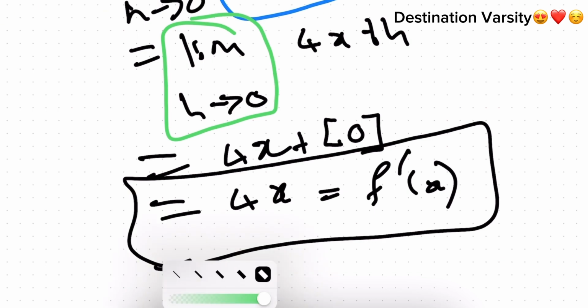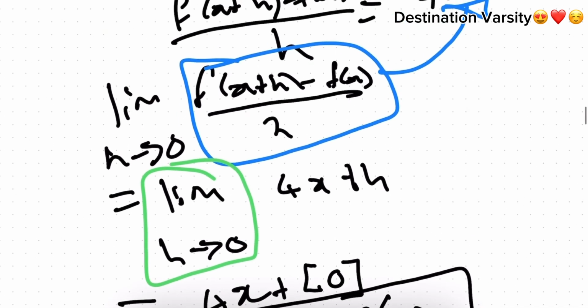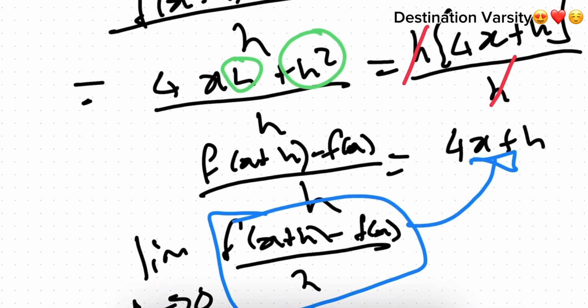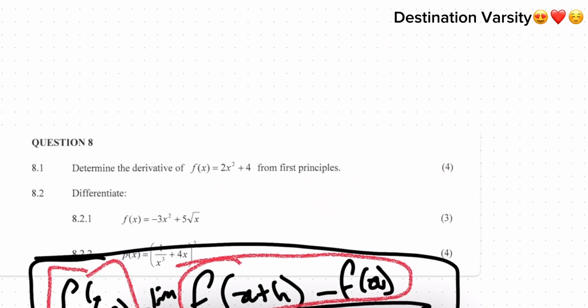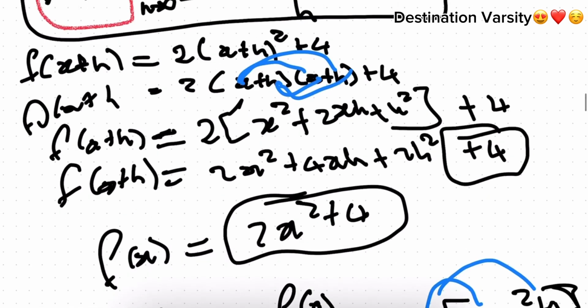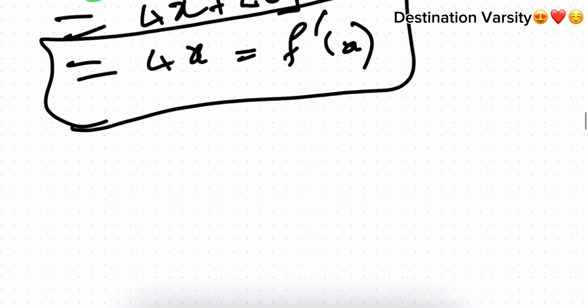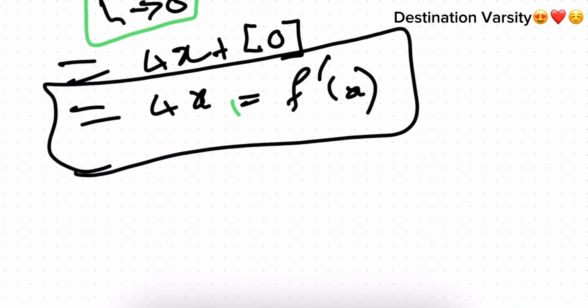That's why we took our h out as a common factor and cancelled this h before we plugged in the limit. Can we check if our answer is correct? Remember when we said the derivative of this is 4x, from our quickest forms. Did we also get 4x? Yes, we got 4x.